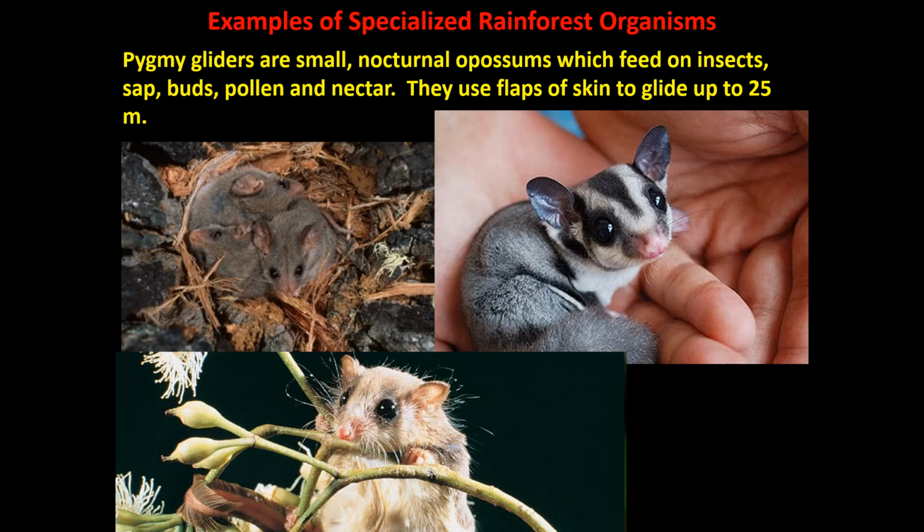They use flaps of skin to glide up to 25 meters. So you can clearly see these different types of gliders, and you can see their behavior.